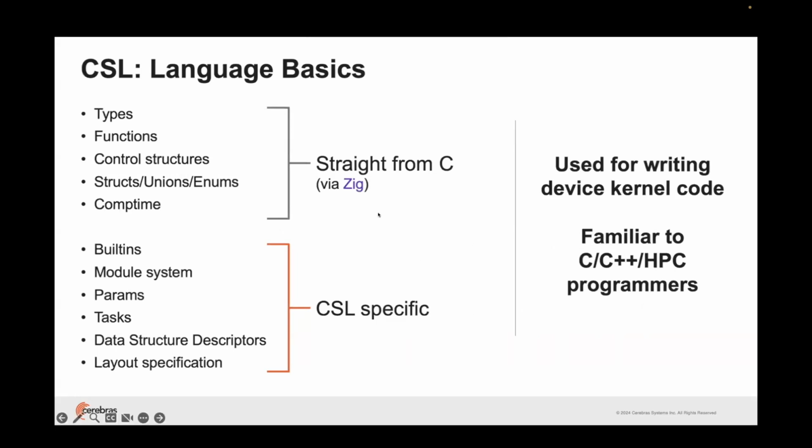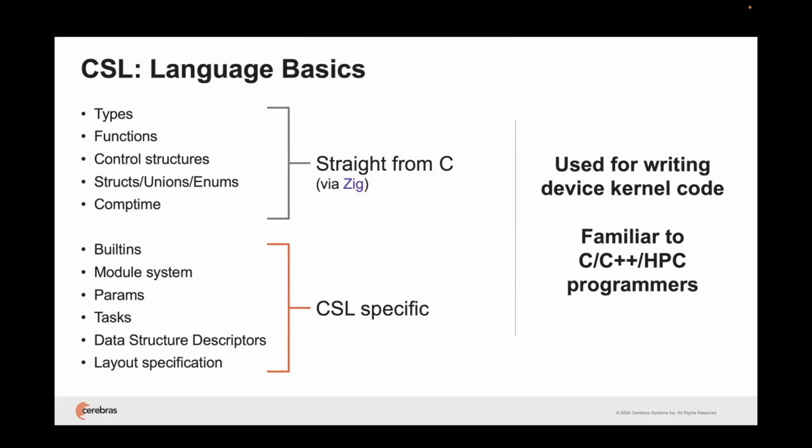So I'm going to talk a little bit about our CSL language, what this looks like, the syntax, but then also give you a bit of flavor of what a program in this language running on the CS2 will actually look like.